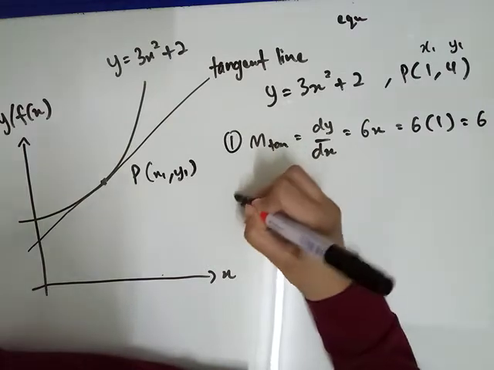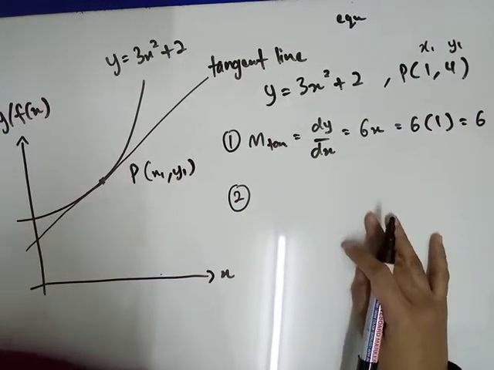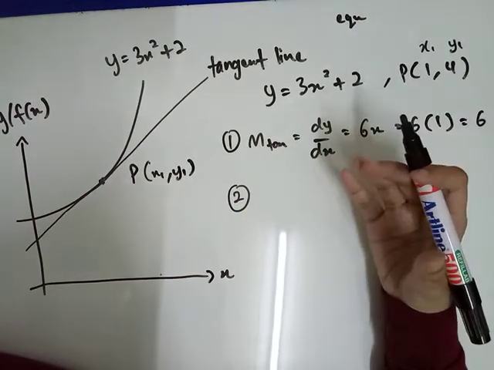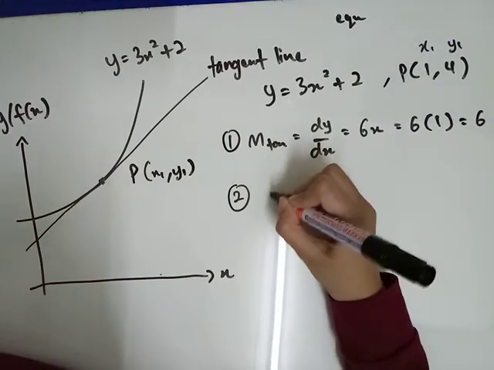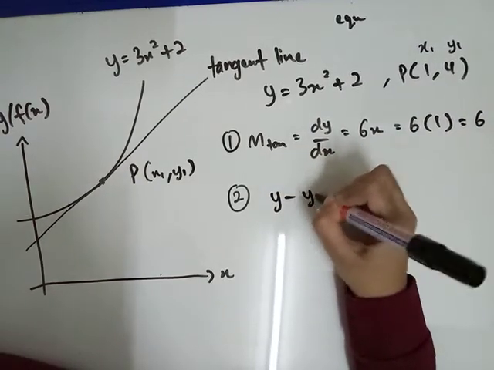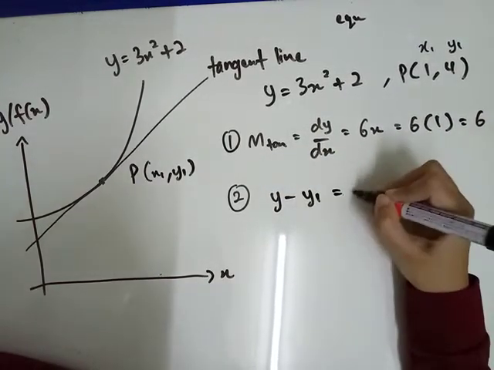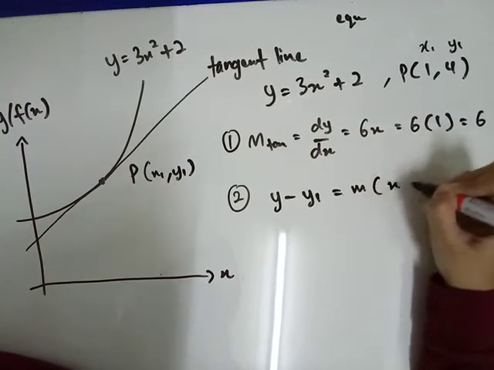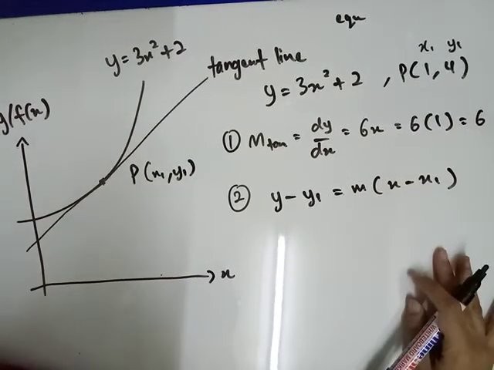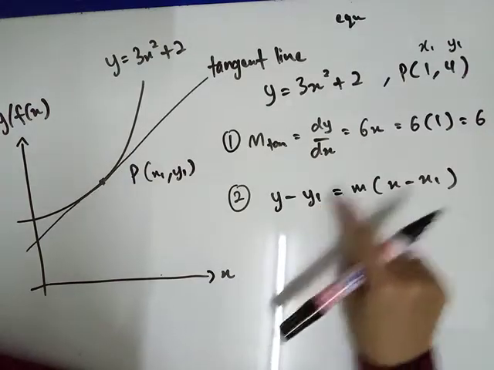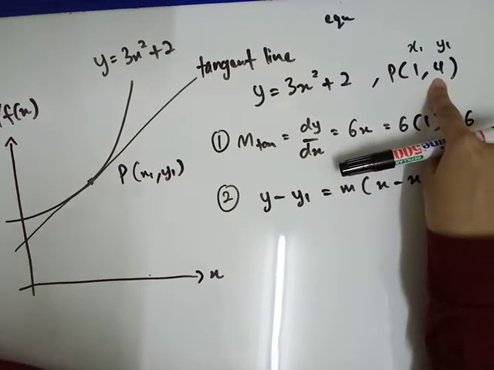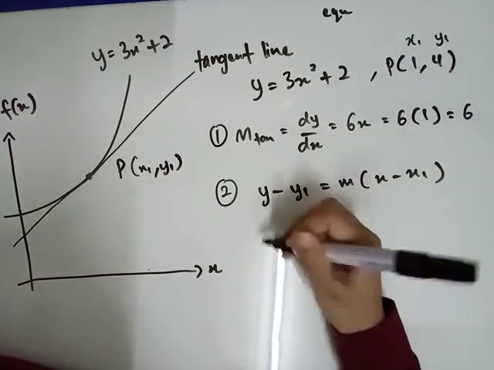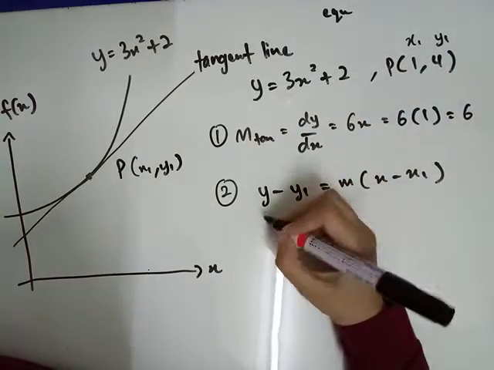Okay, and then second step, use the formula to get the equation. Use the formula y minus y1 equals m times x minus x1. So y1 is this one, 4. Let's say this is an example.